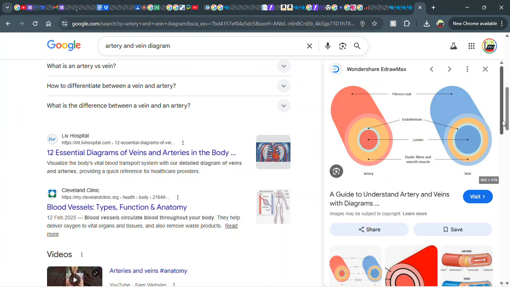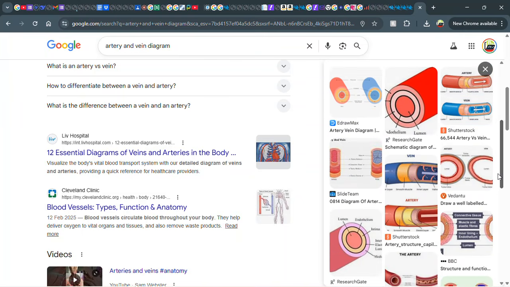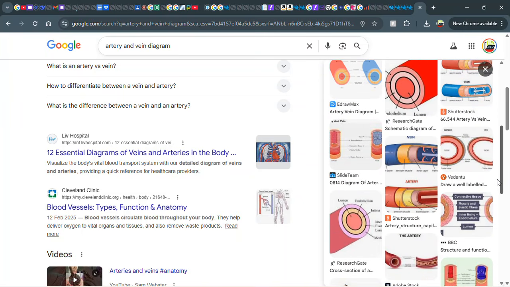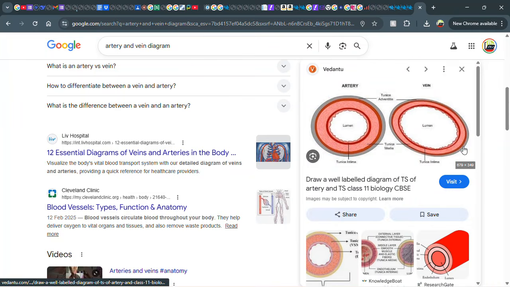And again, speaking to the concept about whether you have the blood being pumped at high pressure or not.